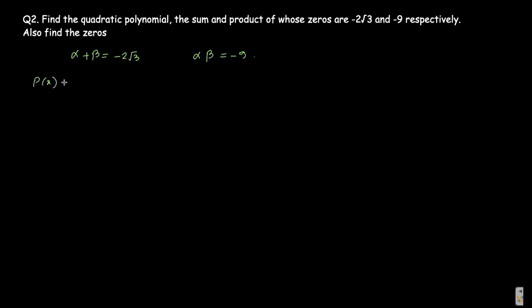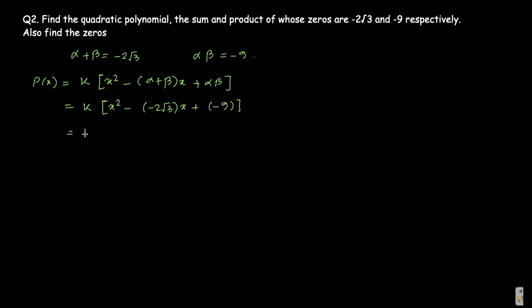p(x) becomes k into x square minus (alpha plus beta) into x plus alpha beta. This is the general formula. Now that is k into x square minus of minus 2 root 3 into x plus of minus 9.